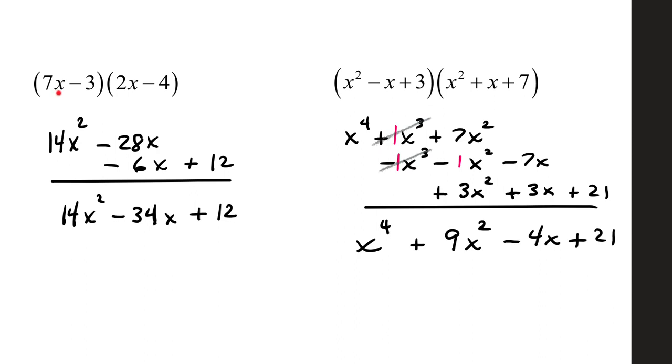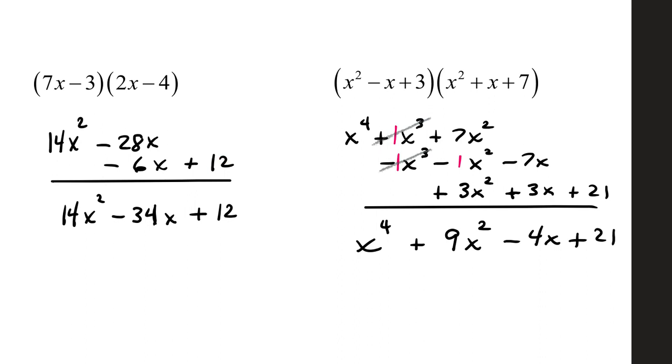Starting with your 7x, we take 7x times 2x. Then we take 7x times negative 4. Switch to your second term, negative 3 times 2x, negative 3 times negative 4.